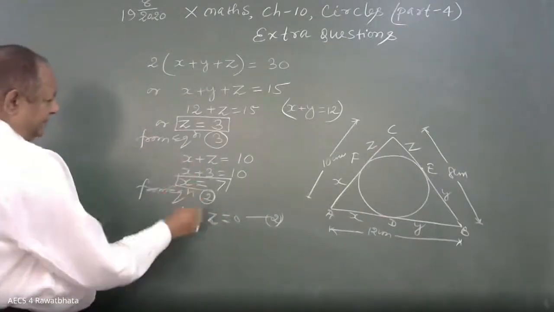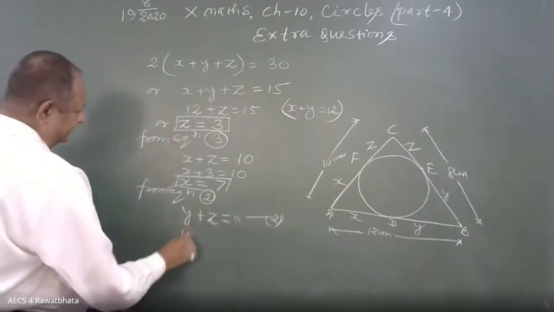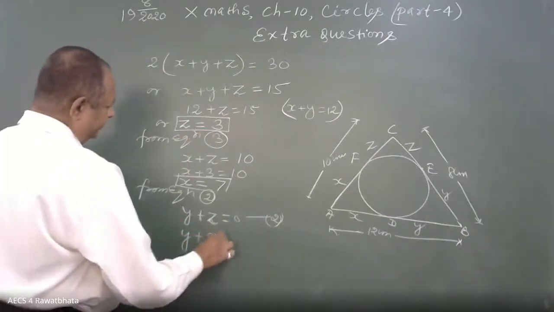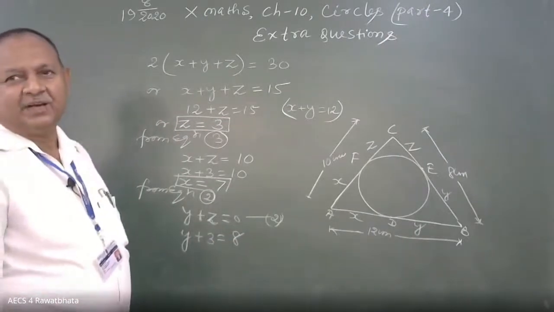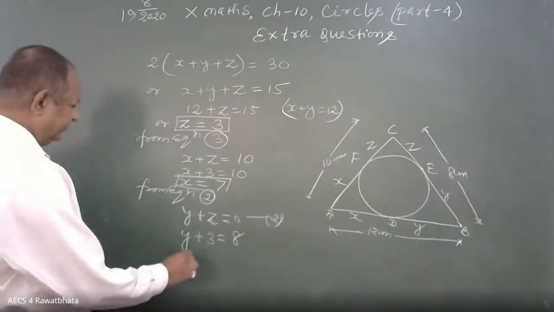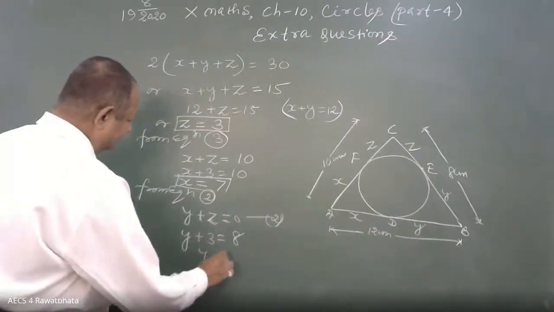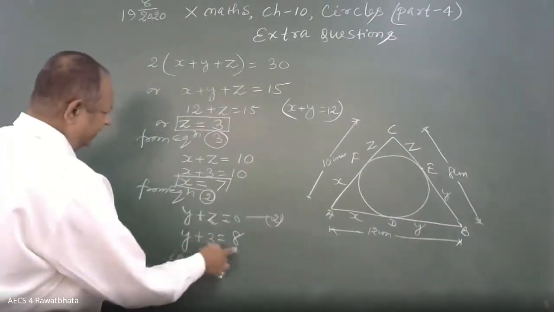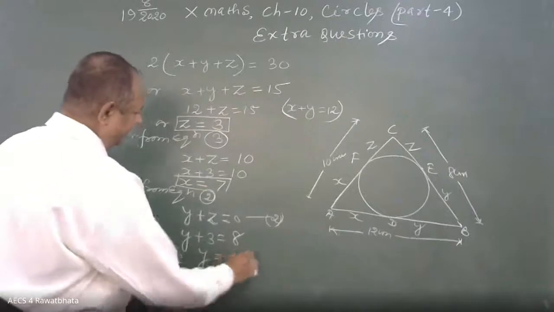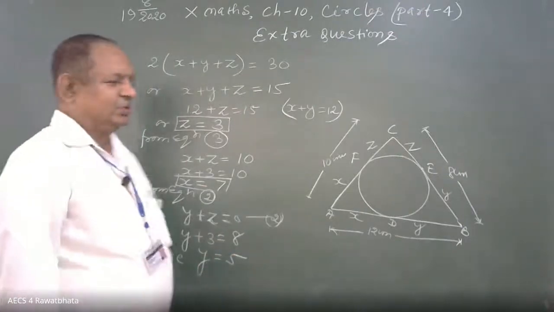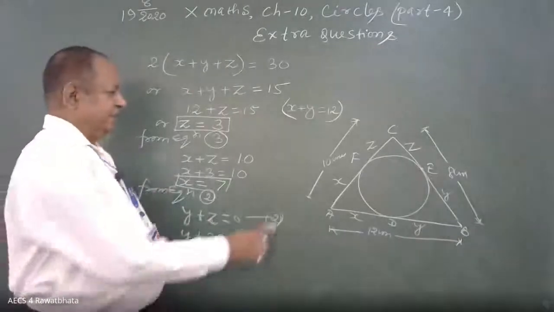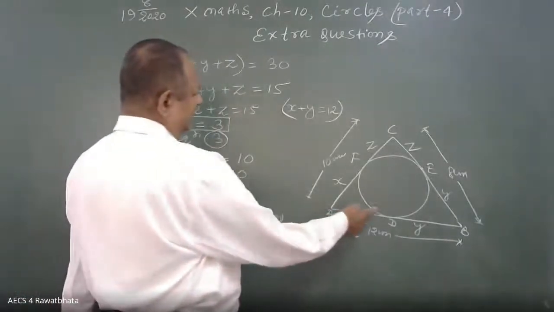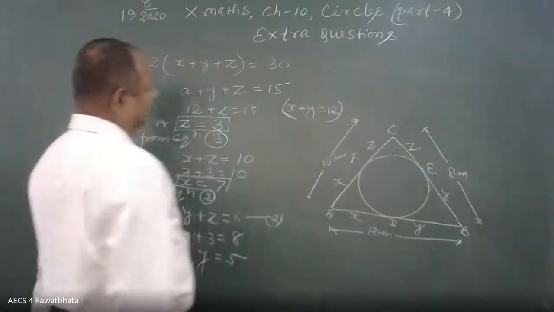In place of z, we can put 3, so y plus 3 is equal to 8, and this implies that y is equal to 8 minus 3, that is 5. So all unknown quantities are known: the value of x, the value of y, and the value of z.